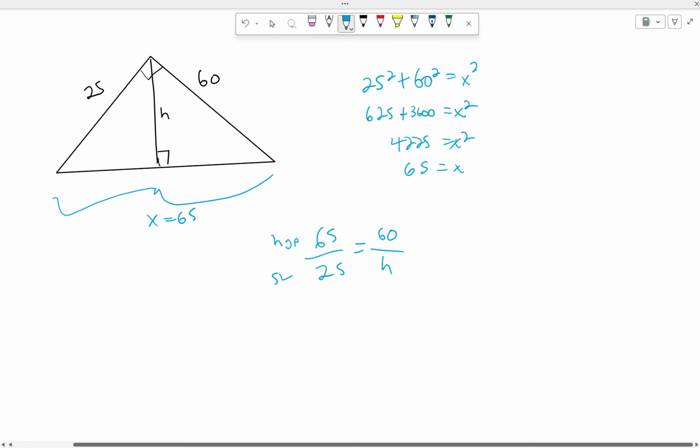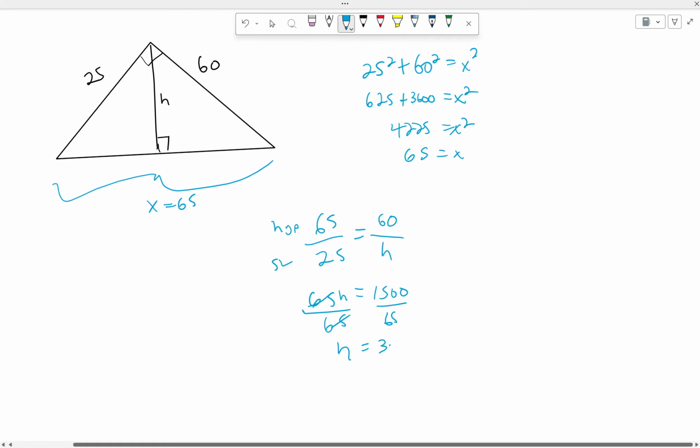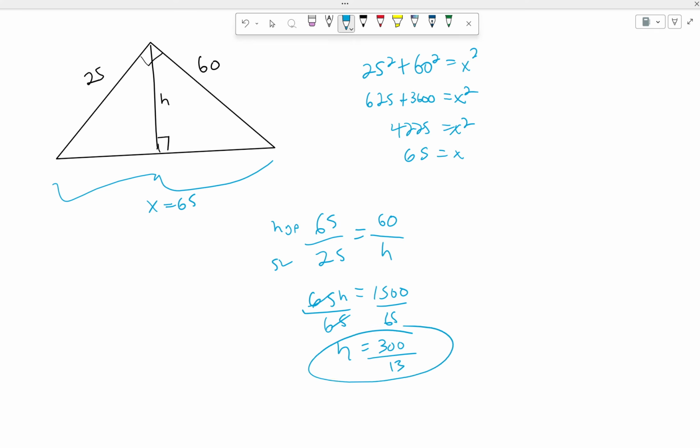Take cross product, right? 65h is equal to 60 times 25, which is 1,500. And divide both sides by 65. And then that can reduce, 5 can go into both, right? So 1,500 divided by 5 is 300. And then 65 divided by 5 is 13. And that's going to be your answer. 300 over 13.